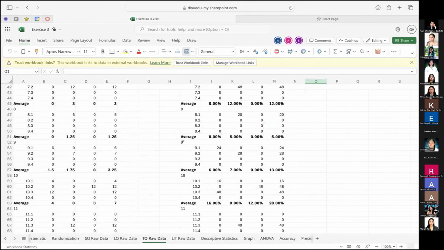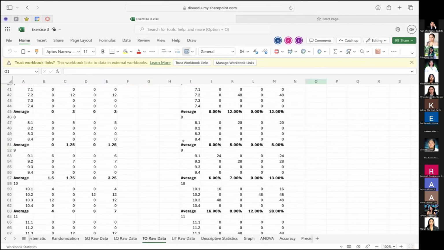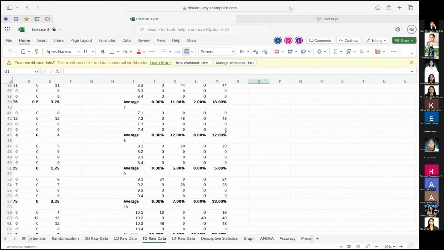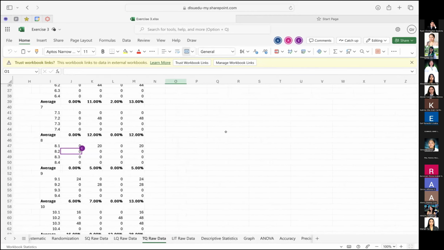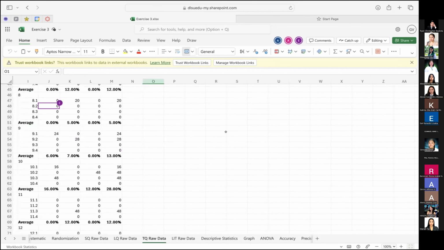Okay, at least I can see the subsamples. Can you go to, sorry, don't scroll too fast. Can you go to column J, row 48? Okay. Row 48. Can you click it, please? Thank you. So, wala ring formula dito.